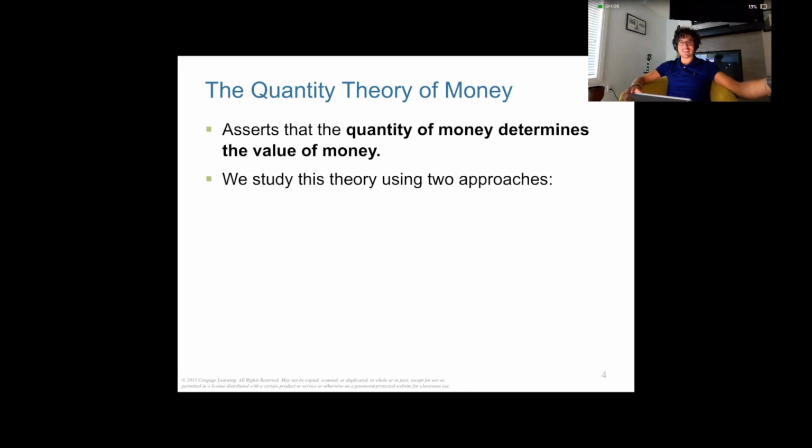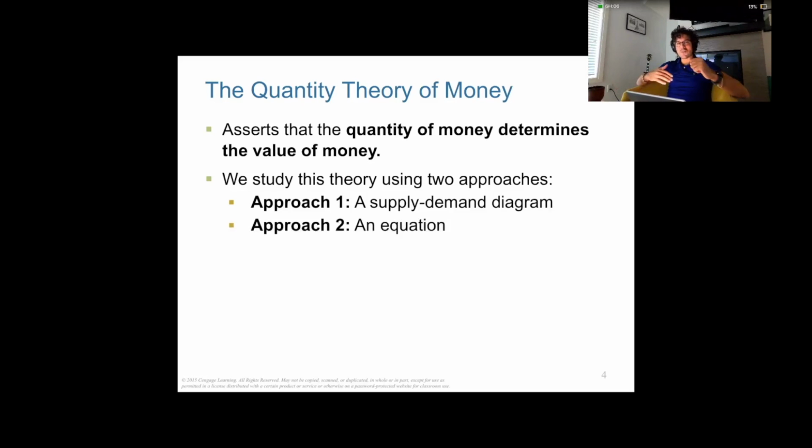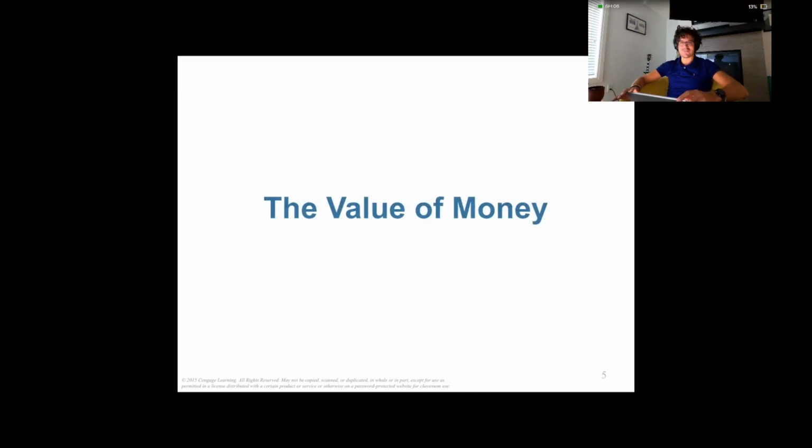In order to present the theory, we are going to use two approaches. The first approach is a simple supply and demand diagram, a graph. Then we're going to complement this approach with a more formal approach where we introduce an equation, sometimes referred to as the quantity equation.